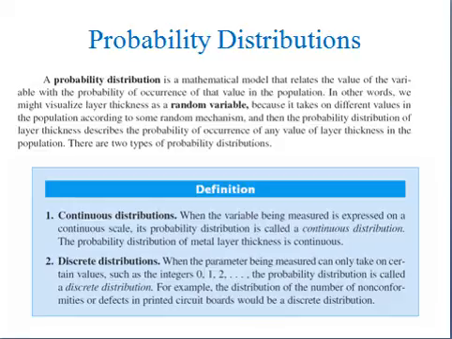Now this is a continuous distribution scenario because there could be infinite points on the surface of a football.